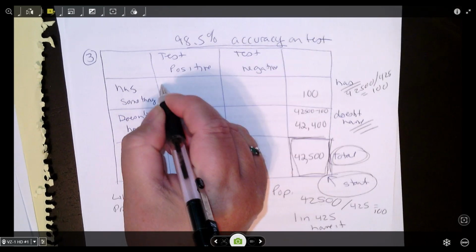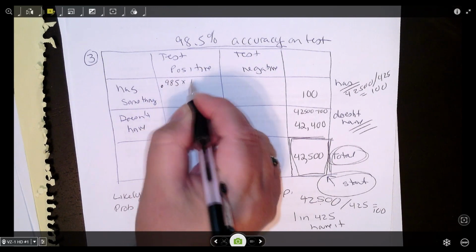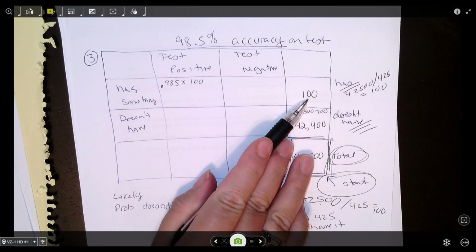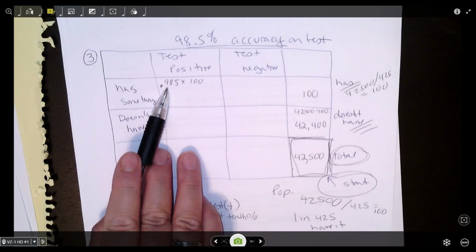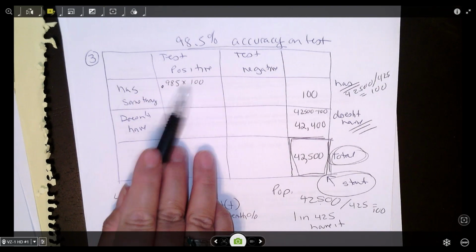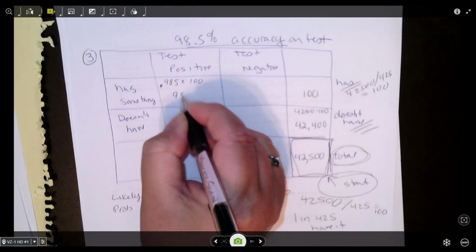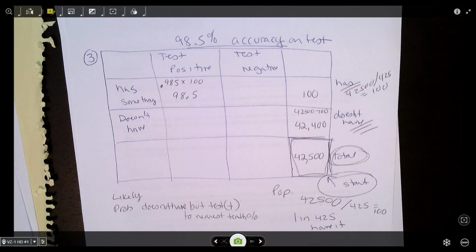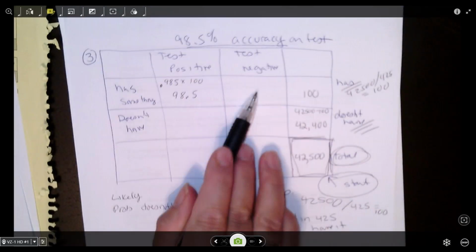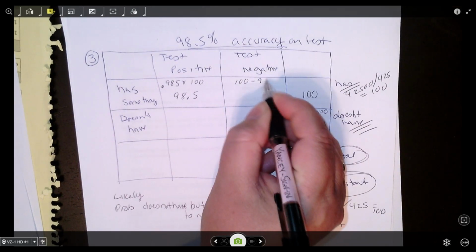So this is where we make this a decimal, 0.985 times 100, because if we have it and we're 98.5% accurate, we should test positive. 0.985 times 100 will give us 98.5. It won't always come out to the same number.